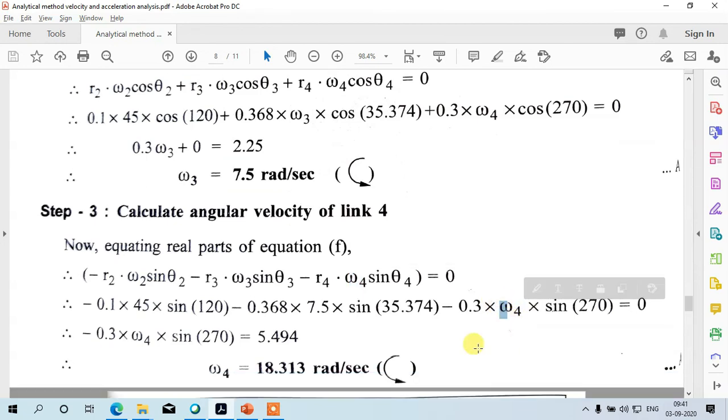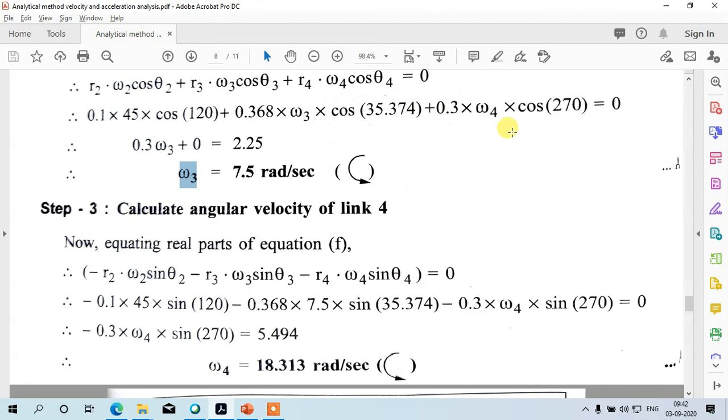Substituting the values, we get omega 4 is equal to 18.313 radian per second. So this is how we can find the velocity of different links. Here we have found angular velocity. If you know the relation between angular velocity and linear velocity, v is equal to omega into r, where r is the length of the link, which is known to us. Omega we have found, so you can calculate the linear velocity also.